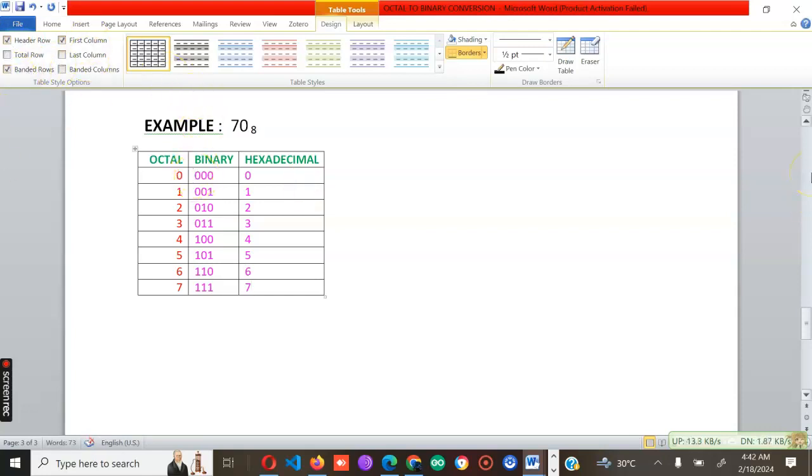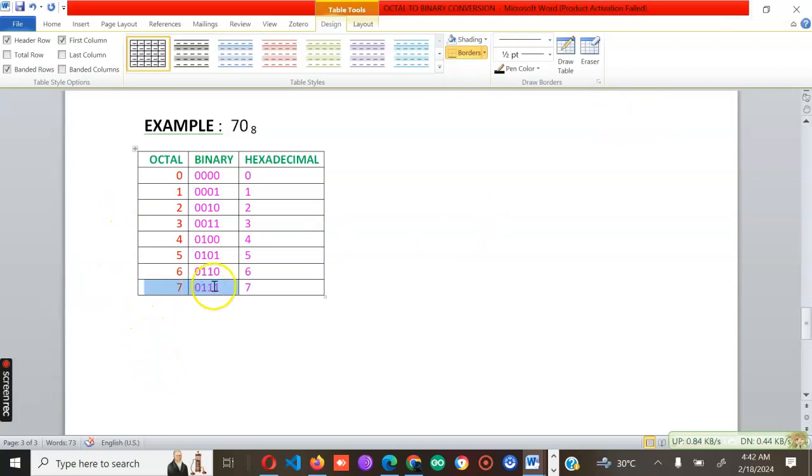So we have a 0, 0, 0, 0. Then for number 4, supposed to be 0. Number 5, we have 0. Number 6, sorry, 0, 7. So we are supposed to add a 0 on the left hand side.